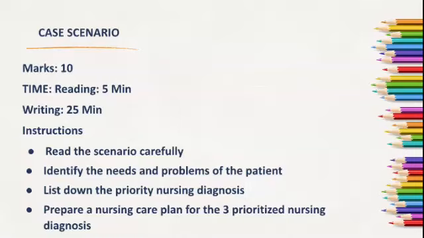So same like this, here the case scenario is given. So all the problems, lab values, investigations, and everything have been given already, and you need to identify the needs and problems of the patient, and you have to list down the prioritized nursing diagnoses, at least 5 diagnoses, and prepare a nursing care plan for 3 prioritized nursing diagnoses.